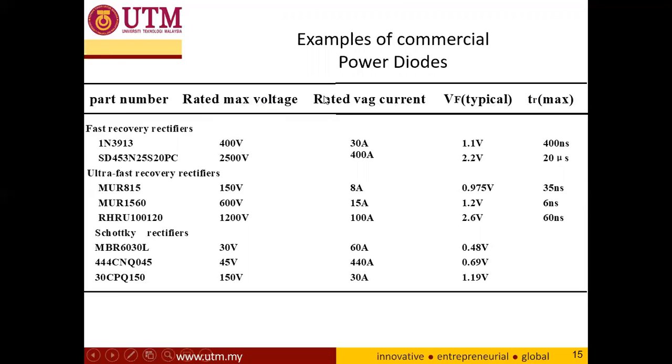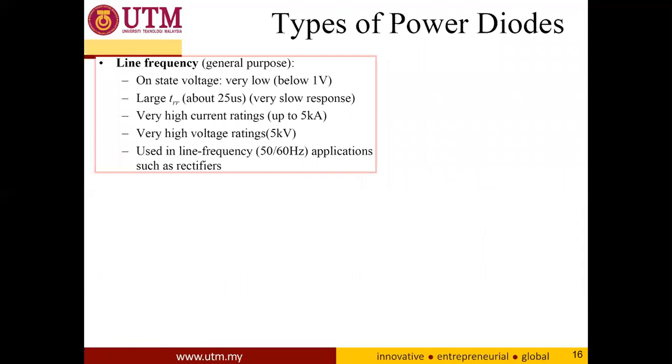The current is the capability of the diode to carry current during forward bias. This is the voltage drop when it is turned on, and this is the time the diode needs to recover from one state to another.